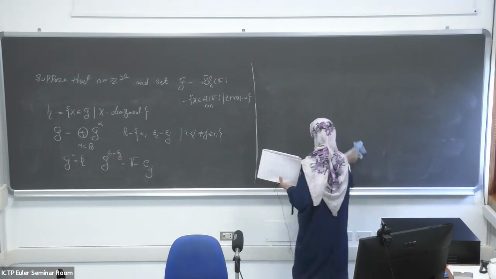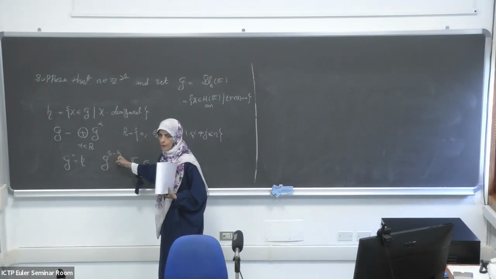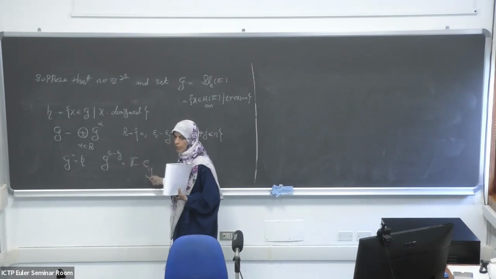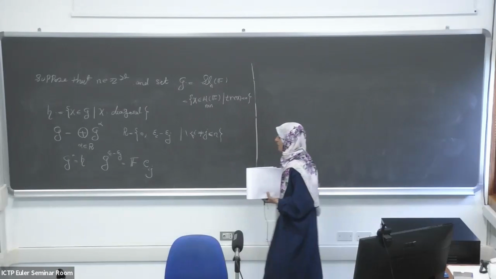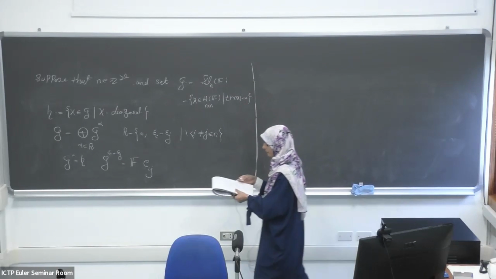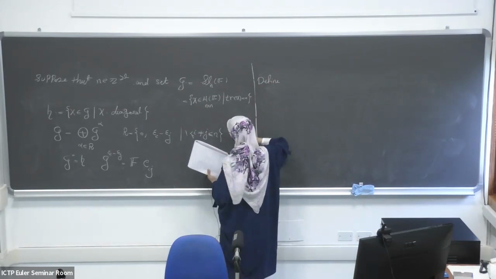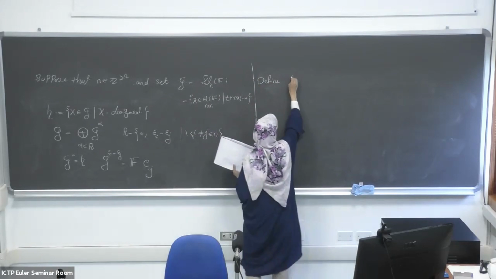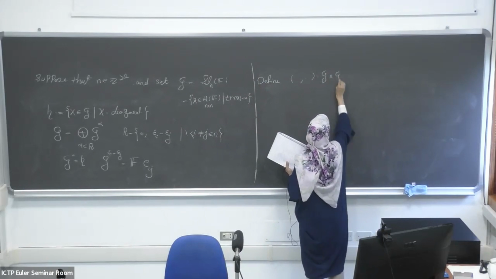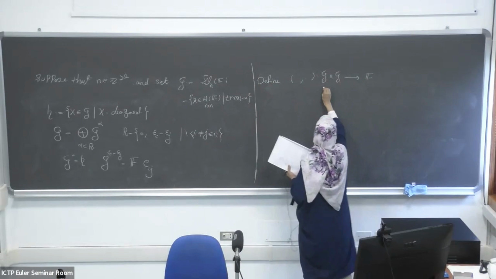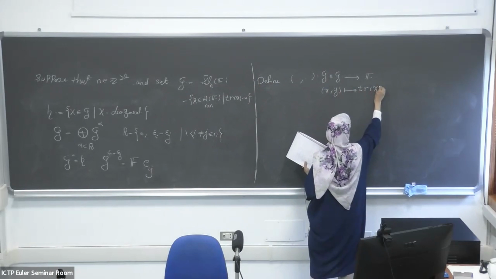G epsilon_i minus epsilon_j, it was F E_ij. Okay. And now define this bilinear form from G times G to F that maps x, y to the trace of the product xy.